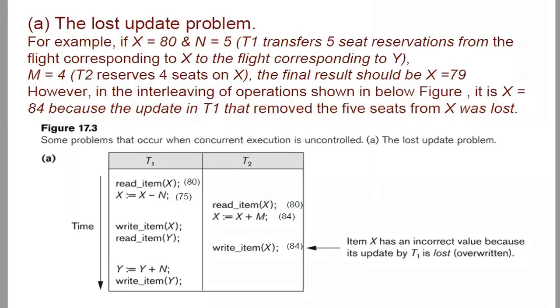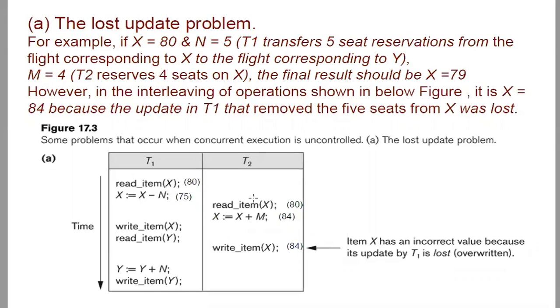From this example, x equal to 80. In the slide you can see the transactions given. The x value is 80 and the n value is assumed as 5, and x minus n is 80 minus 5, which gives 75.